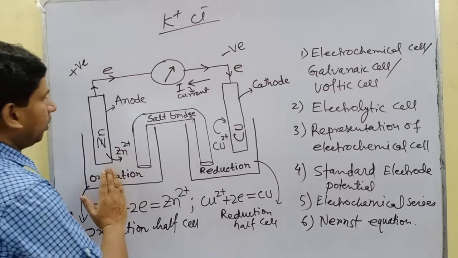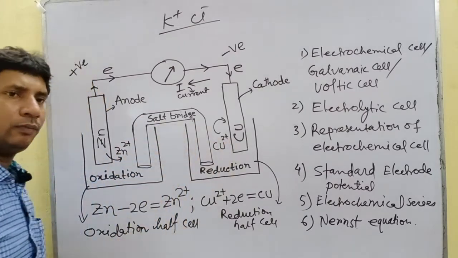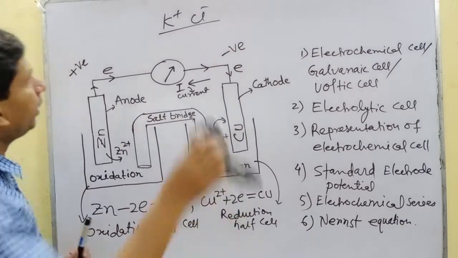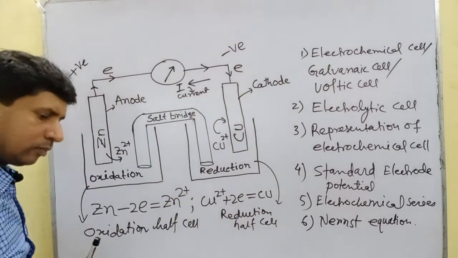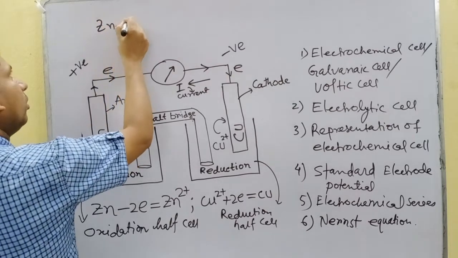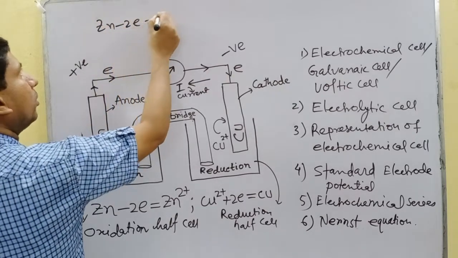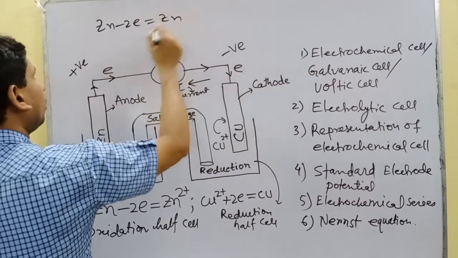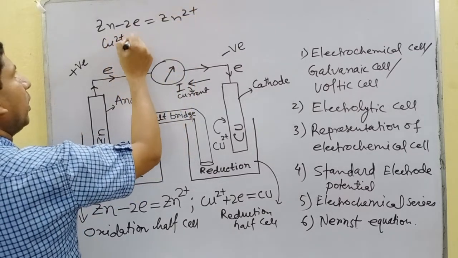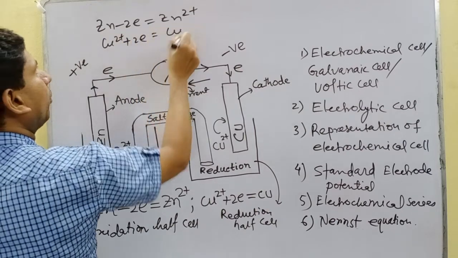তাহলে oxidation half reaction, reduction half reaction. Okay, that's mean full reaction. What happen here? Full reaction means zinc minus 2 electron gives Zn 2 plus, copper 2 plus plus 2 electron gives copper.